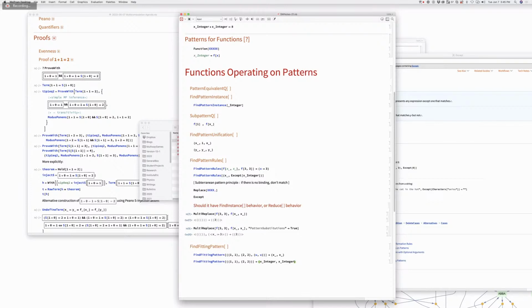But look, the thing we've discussed before, and maybe somebody can remind me what we came up with, is this. It's not so much find pattern rules, but this is the replace. What the heck should it be called? It's kind of like detailed replace. Have we had this, or detailed?